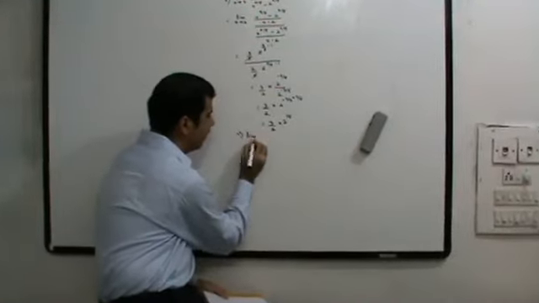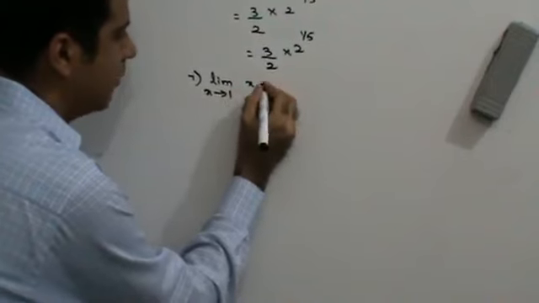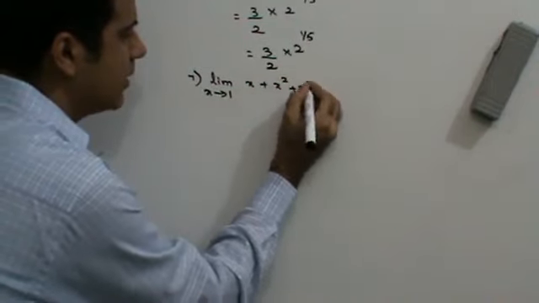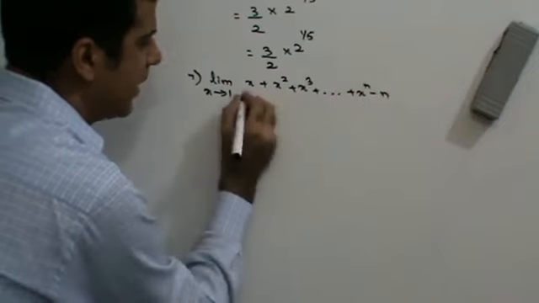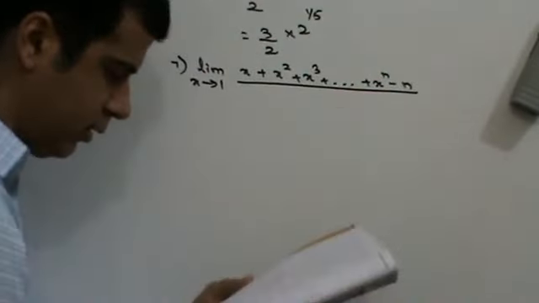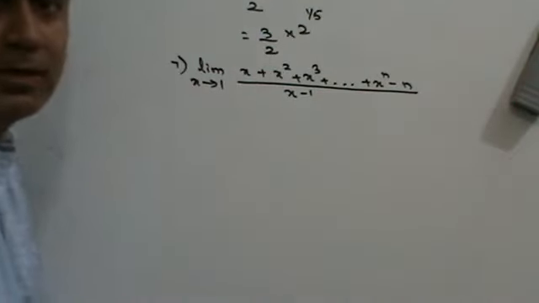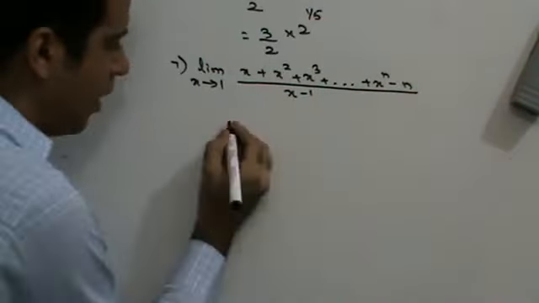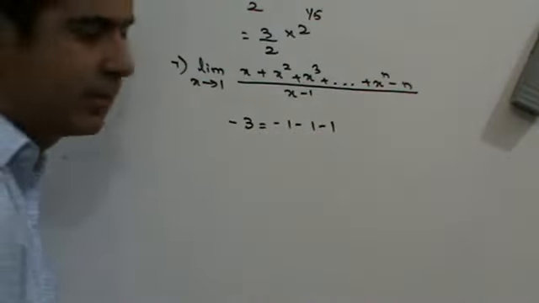Limit of x tends to 1, x plus x square plus x cube plus up to x raised to n minus n upon x minus 1. Now before we start with the sum, let's try to understand the logic. Minus 3 can be written as minus 1 three times.